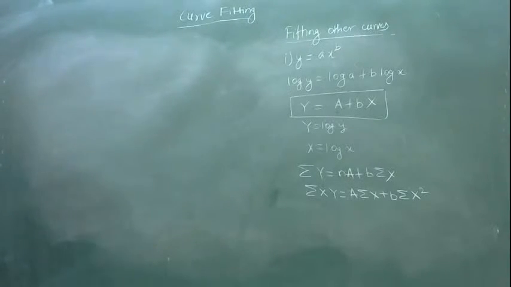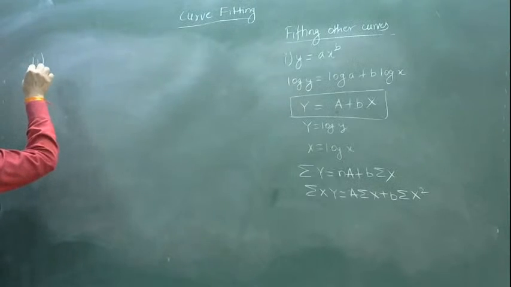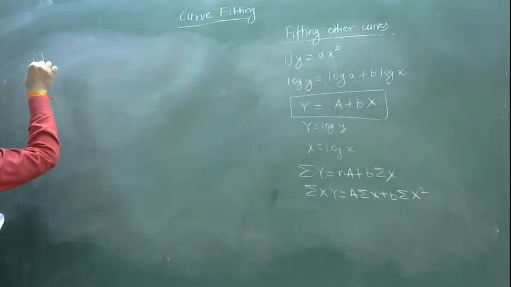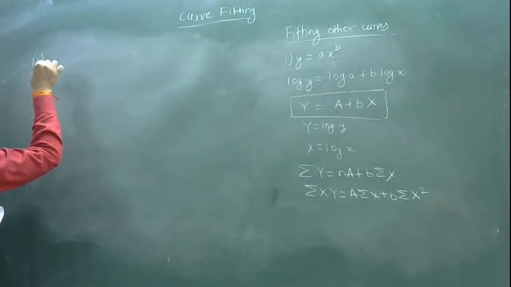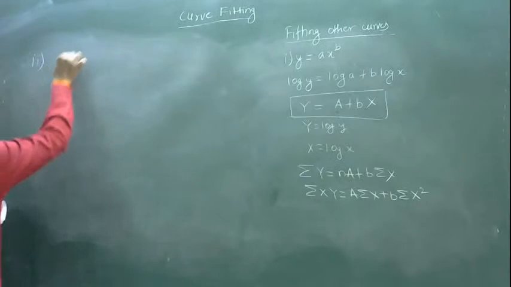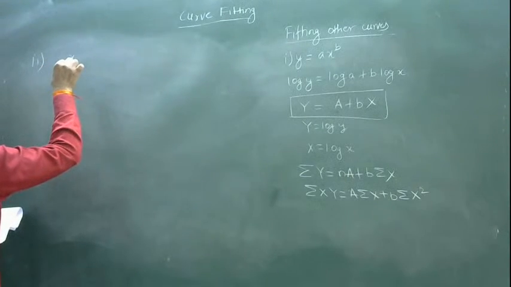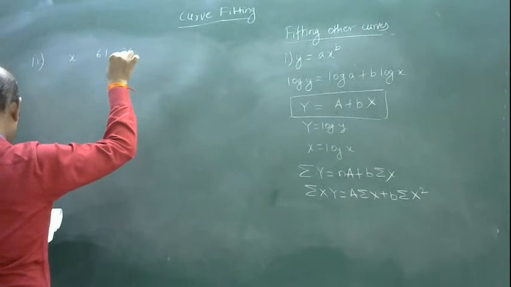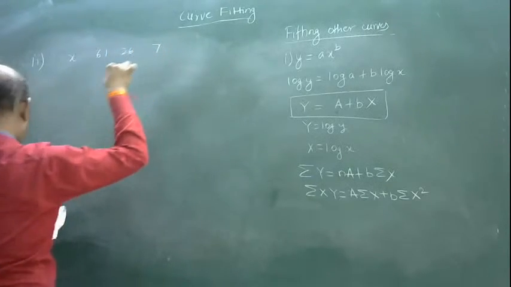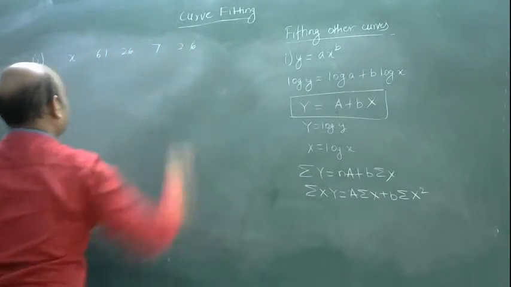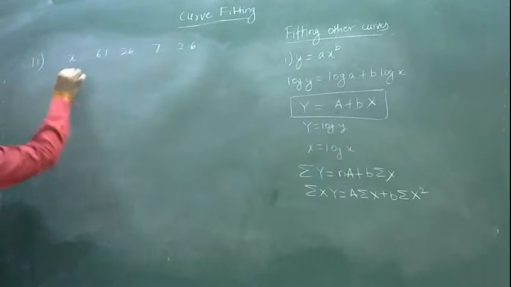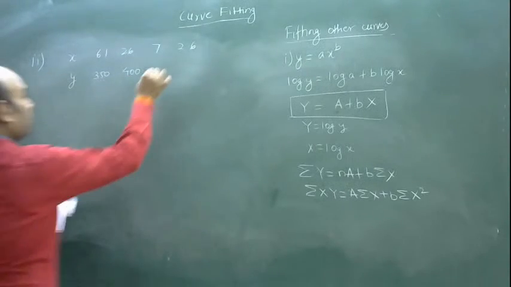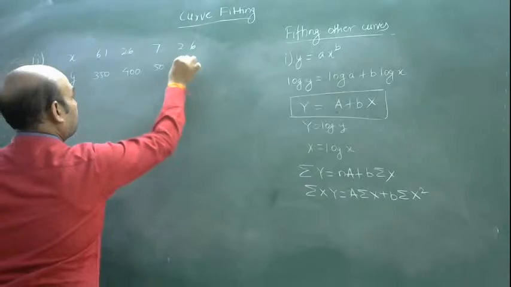So, the second question. The values of x are 61, 26, 7 and 2.6, and y is given as 350, 400, 500 and 600.